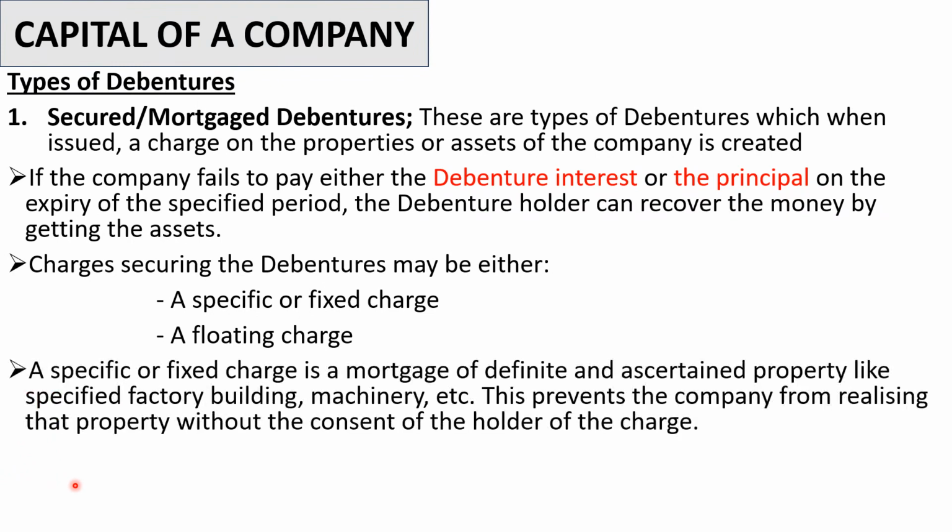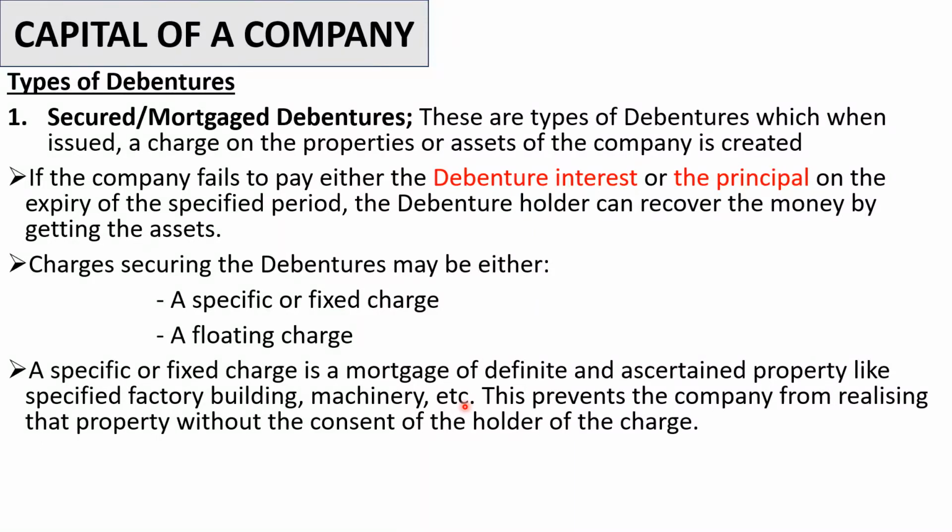So a specific or fixed charge is a mortgage of definite and ascertained property, like a specified factory building, machinery, etc. What this means is that a specific or fixed charge is a charge created on a specific item, an item that cannot just disappear or change, like a factory, because the debenture holder or the creditor knows that the factory cannot just be sold easily.